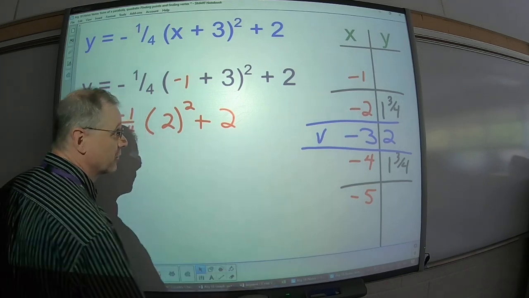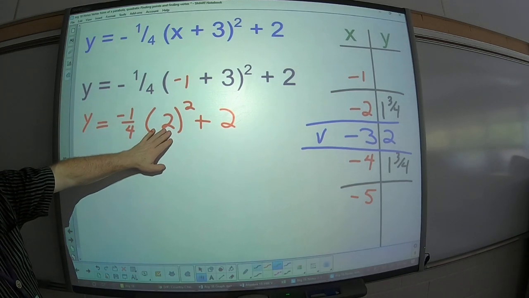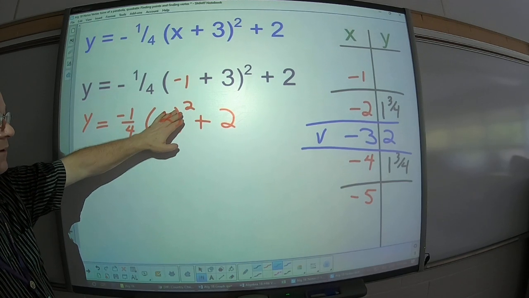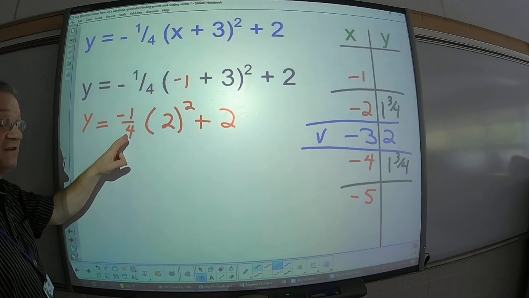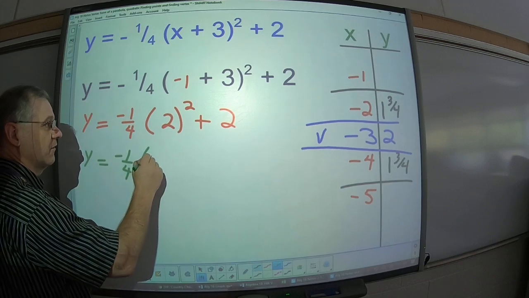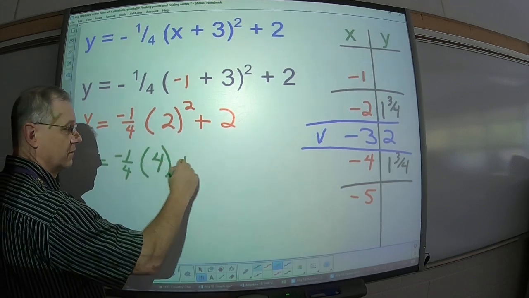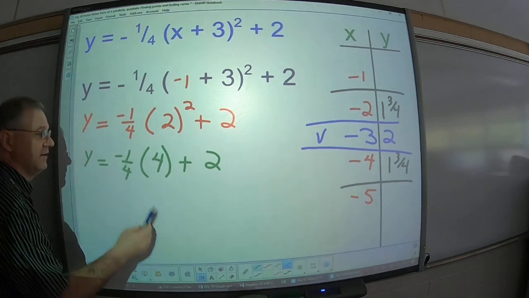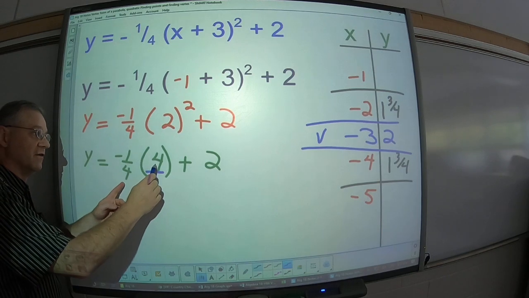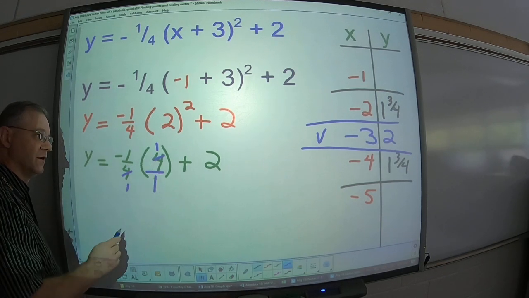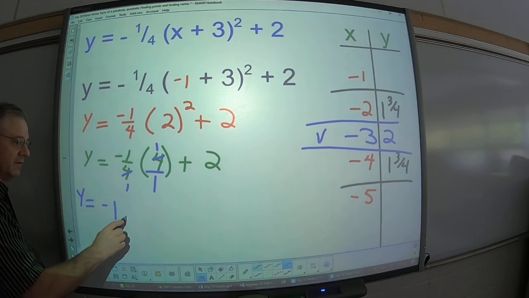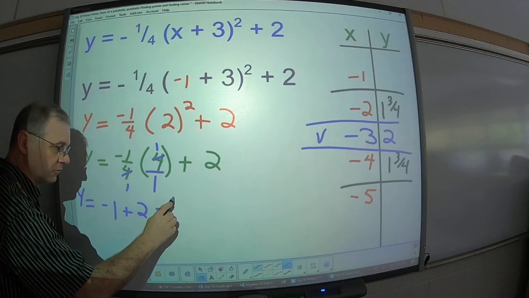But even more importantly, once I square it, that makes a 4, which is divisible by 4. 2 squared is 4. And when I multiply -1/4 times 4, remember you can put that over 1, the 4's can reduce, and I end up with y equals -1 plus 2, or 1.